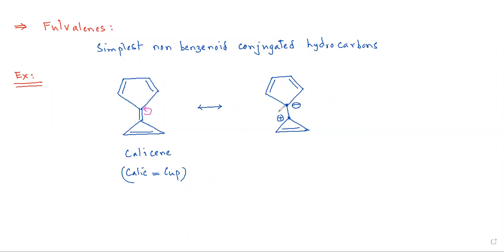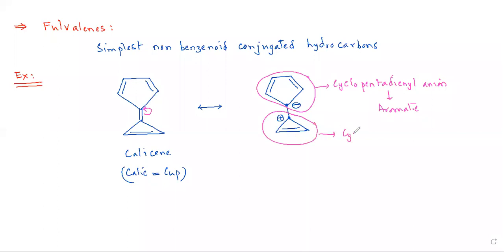Now it's very clear. This is our cyclopentadienyl anion kind of structure, which is aromatic. And look at this. This is, of course, cyclopropenyl cation, again aromatic.